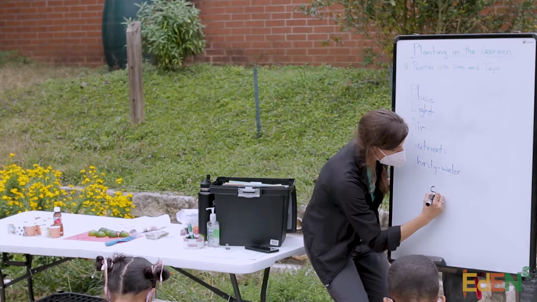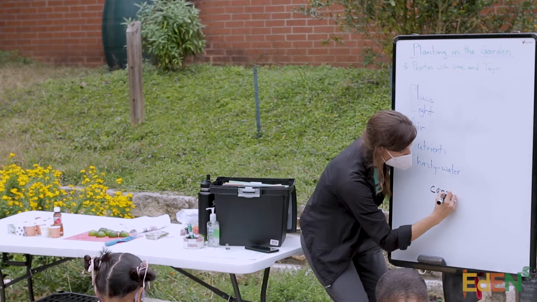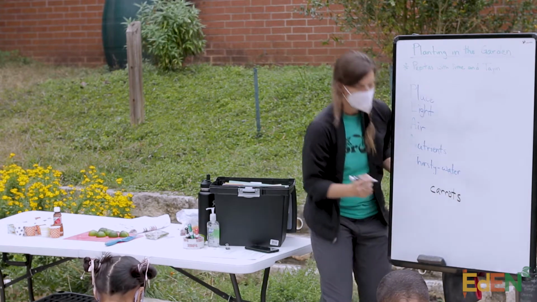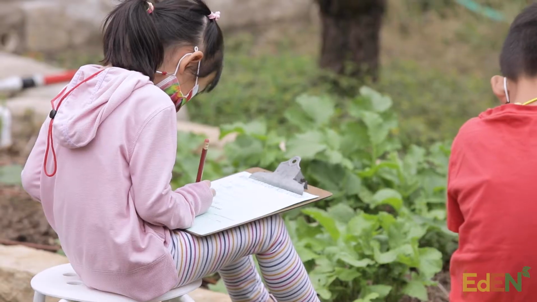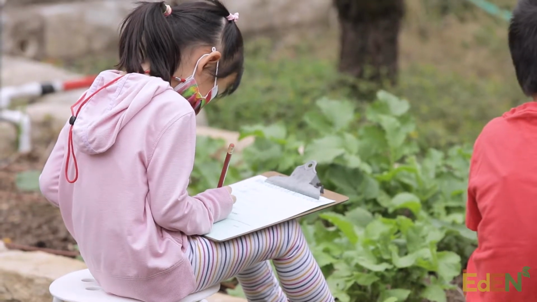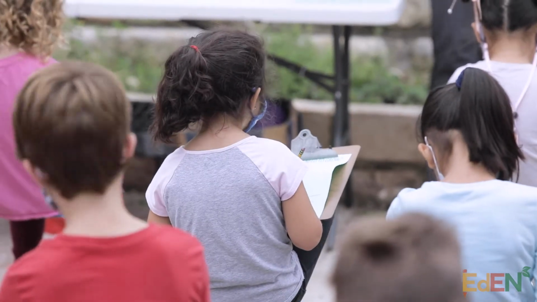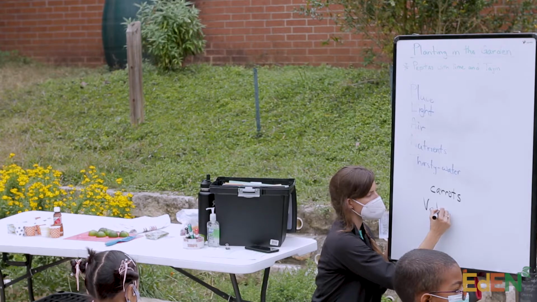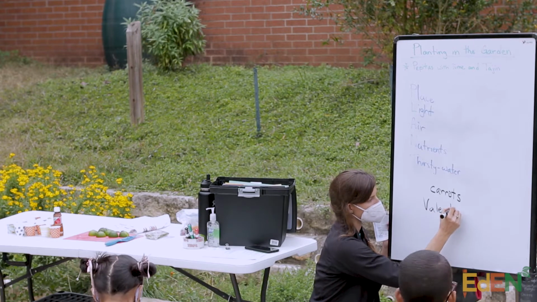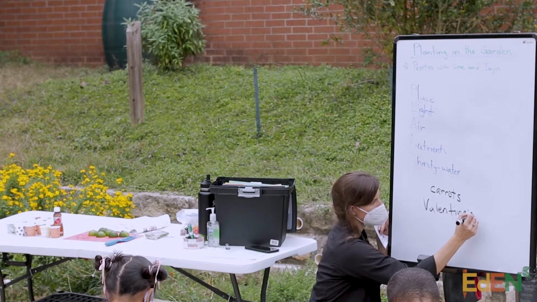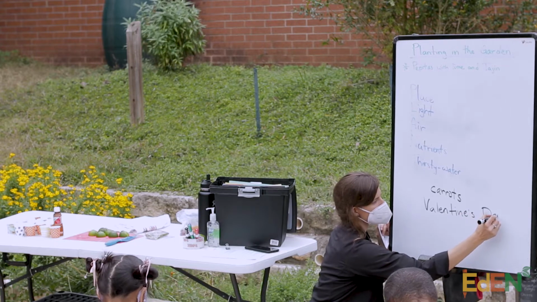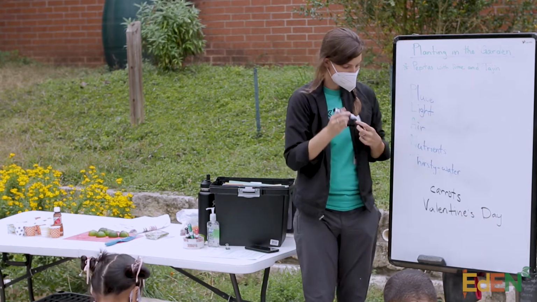Carrots. So this is what you write on that first line. Carrots. And they will be ready to eat on, I'm gonna write Valentine's Day. Seems like a long ways away, but it'll come up fast.